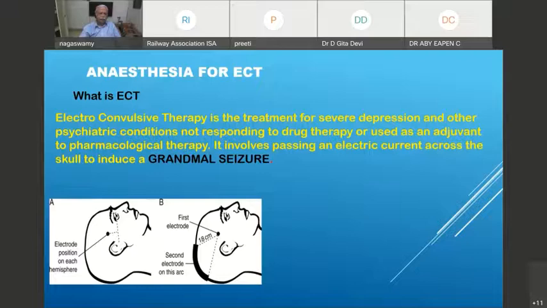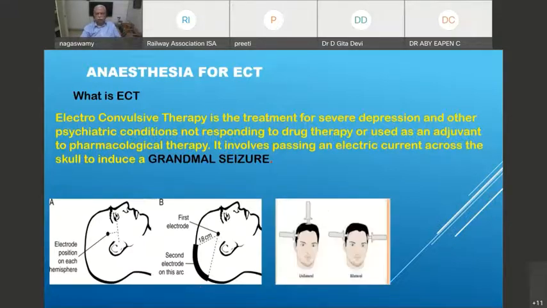The electrodes are usually applied in what is called the bitemporal position. Usually you apply them on both sides of the temple, just above the temporal region. This is called the bilateral method.